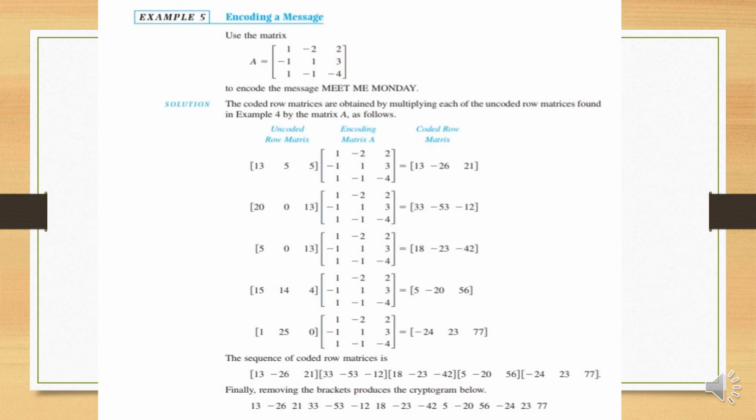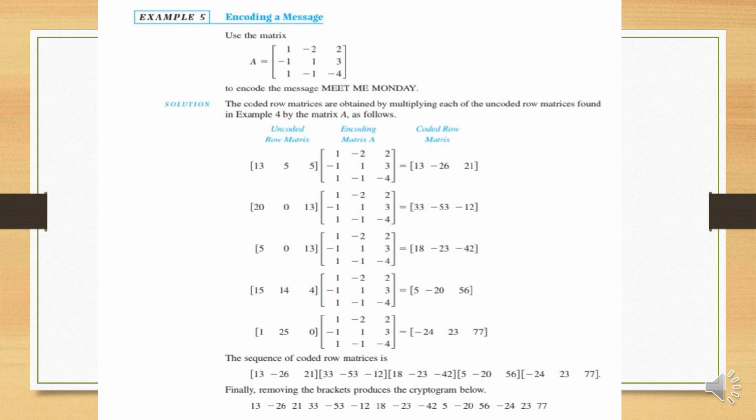So next, after we do the step-by-step process of multiplying the uncoded row matrix to the encoding matrix, this is the answer that we get. The sequence of coded row matrices is 13, negative 26, 21, 33, negative 53, negative 12, 18, negative 23, 42, 5, negative 20, 56, negative 24, 23, and 77.